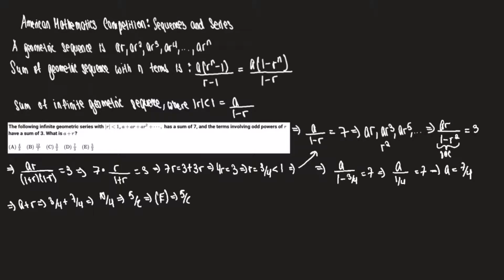5 halves. What's the big idea here? Not every problem has a profound big idea, but I'm trying to make one for each problem. I would say it's this right here. You have to realize that the common ratio of that is r squared.